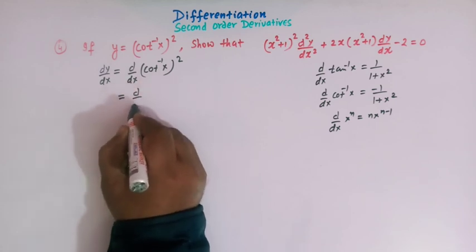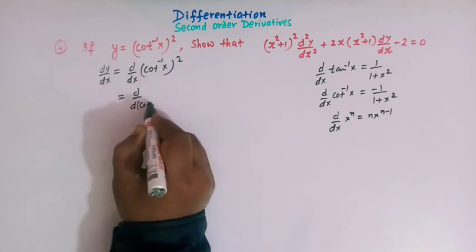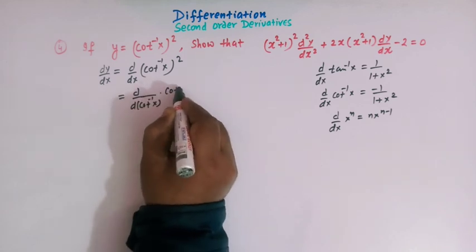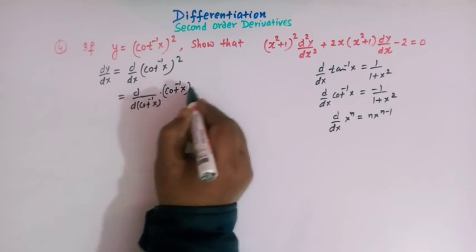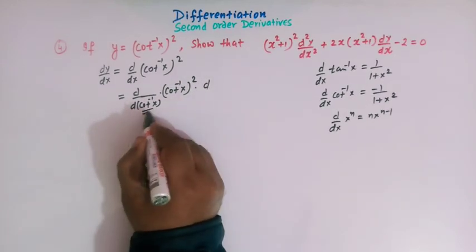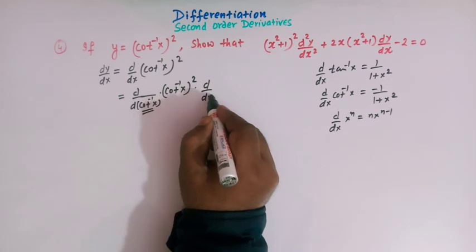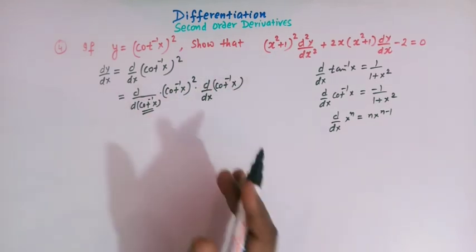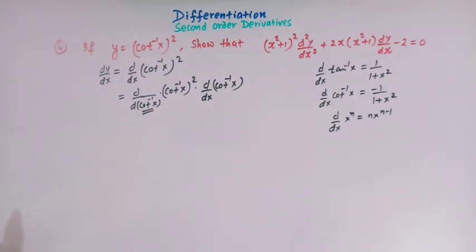So we can also write it like this. Here we can write cot inverse x whole square, and then by chain rule we have to differentiate cot inverse x with respect to x. In this lecture we have seen that the chain rule is a very important tool in differentiation.